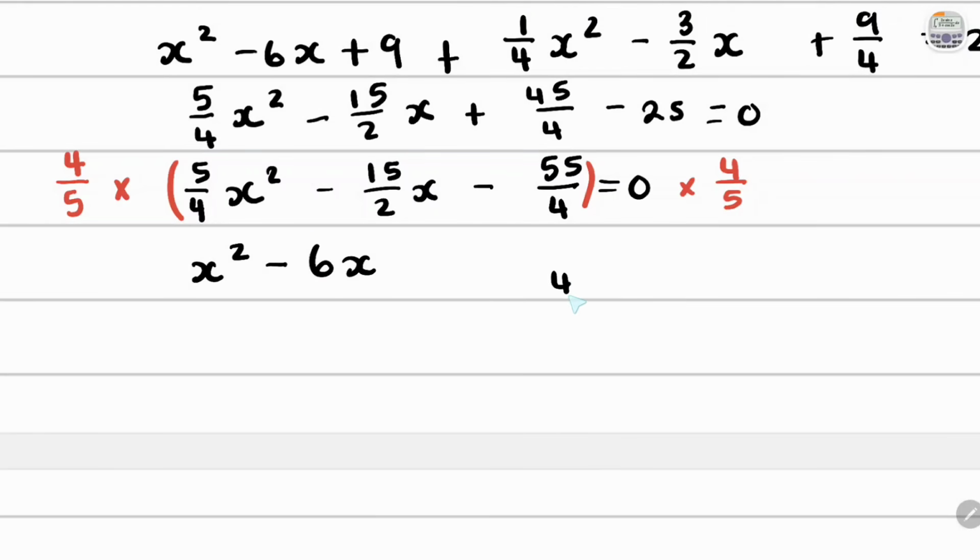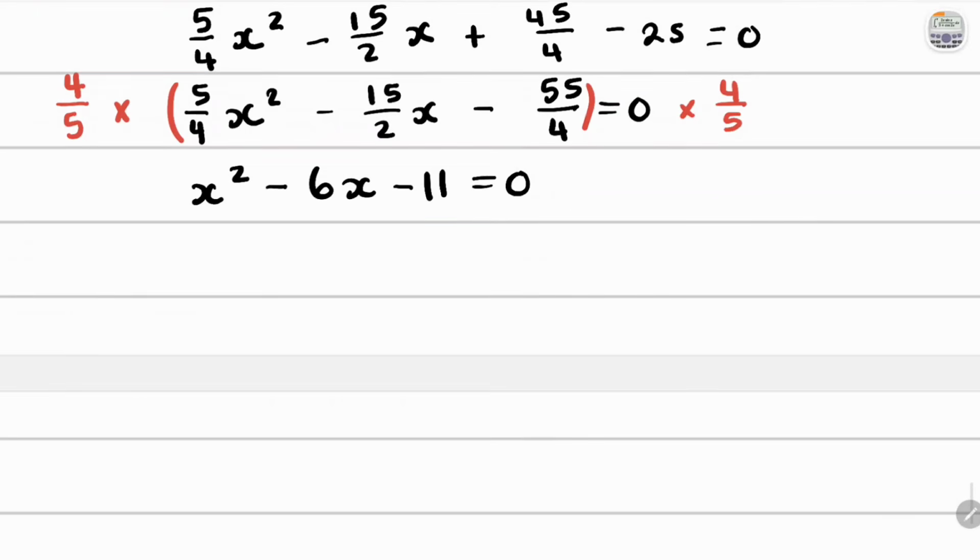And then here, if you say 4 over 5 multiplied by, we know it's negative, but we'll just keep it positive so long. So here when we cancel, 5 divided by 5 is still just 1. 55 divided by 5 is 11. And then here your 4 and 4 cancel. So you're just left with the 11. So it's negative 11, okay? And then it's equal to 0.